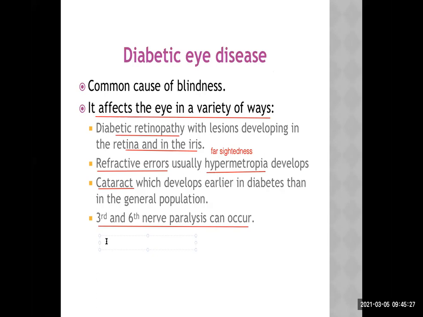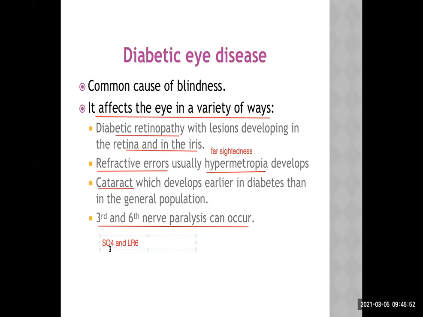Let me write that. See, this is the way I teach my students so that by the time the exam comes, every one of them will know these functions if they pay attention, of course. So apart from SO4 and LR6, all other extraocular muscles are supplied by the third cranial nerve.